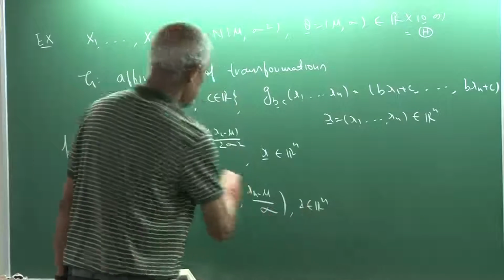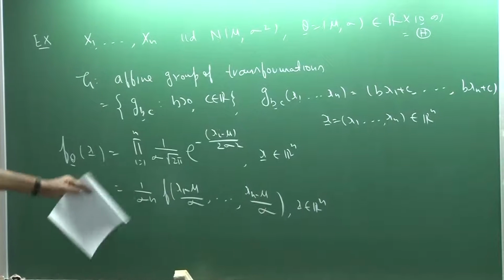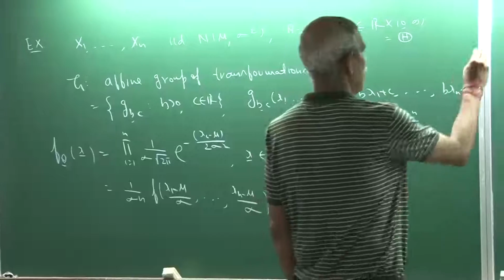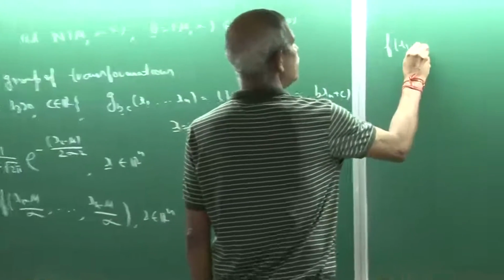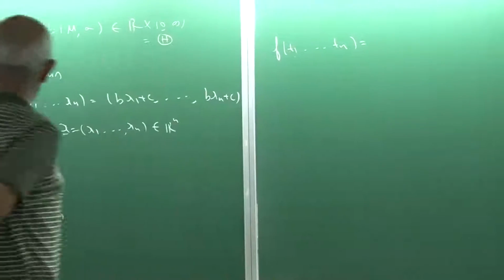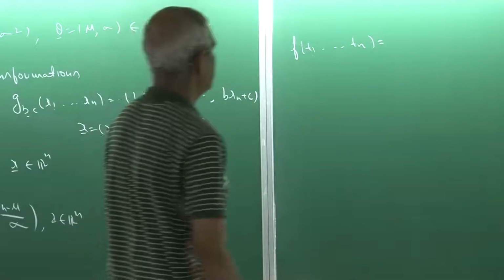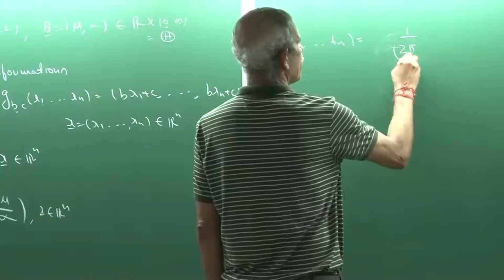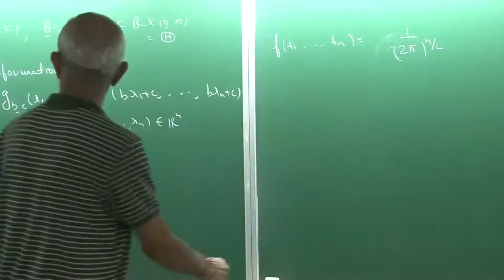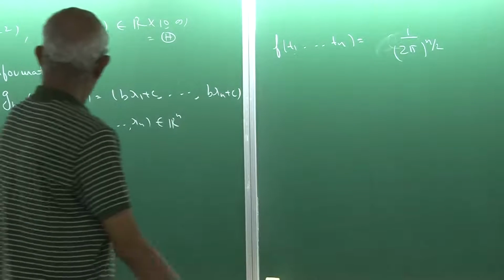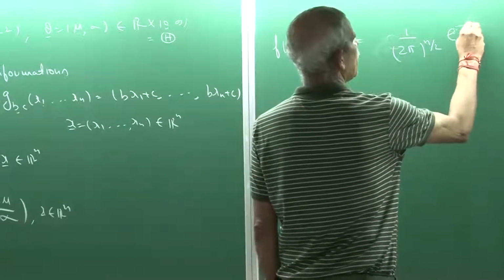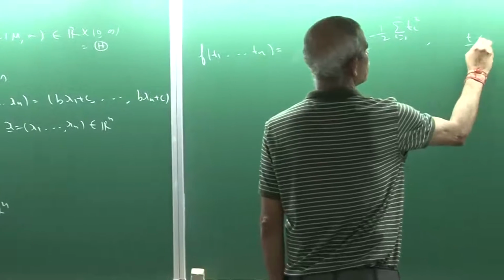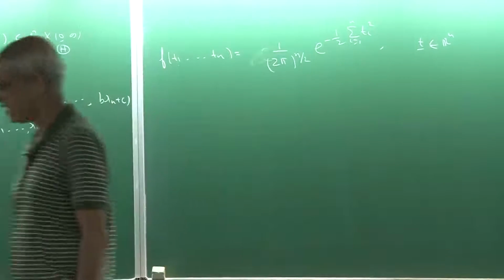So it is of the form of the location scale family which we considered. And what is your f of (t1, t2, ..., tn) over here? f of (t1, ..., tn) is nothing but 1 by (2 pi) to the power n by 2, e to the power minus half summation i equal to 1 to n ti square. So it is a location scale family.